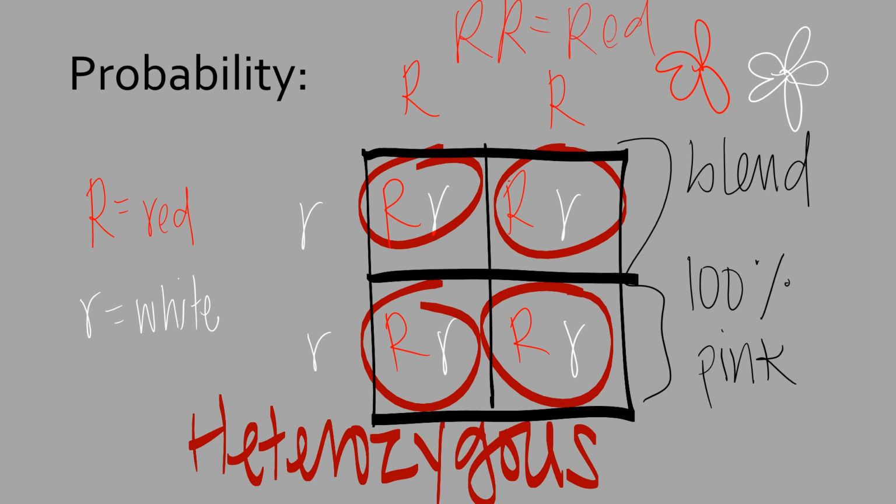There's no chance of them showing that blend because I don't have two different alleles. And it's the same if I have offspring that are little r, they're just going to be white because there's no chance of them having a red allele in there. So anytime we talk about incomplete dominance or the chance of having pink flowers, we are looking at heterozygous individuals, or those who have two different alleles in their genotype.